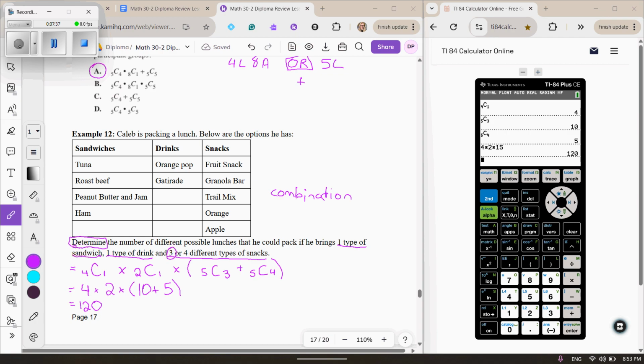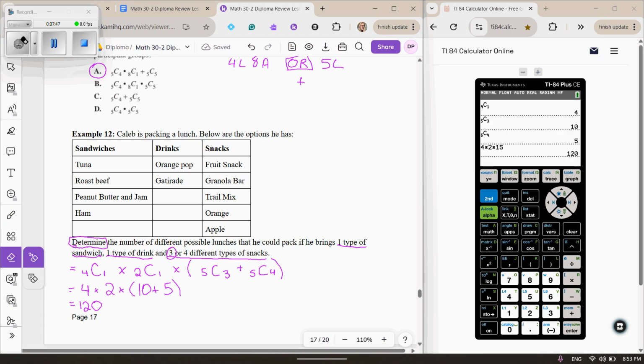I wanted to show you an alternative way to get the answer for this question. And it requires the exact same skill set, just setting it up slightly different. So essentially, you're going to consider 2 cases. Case number 1 is packing 3 snacks.